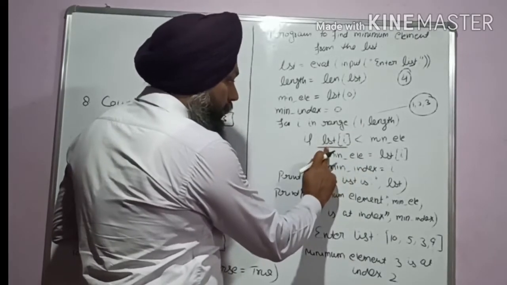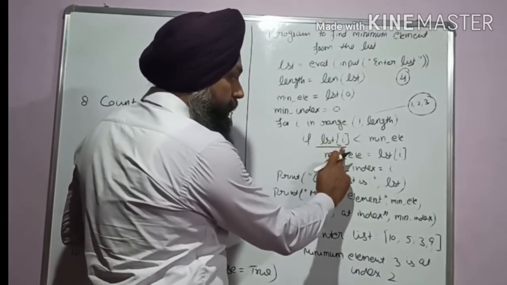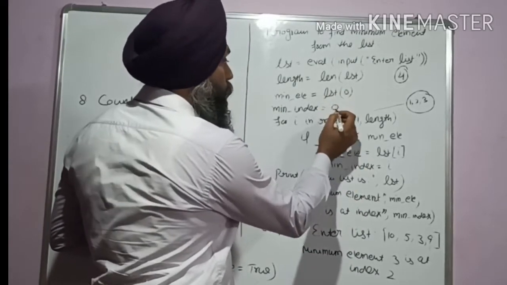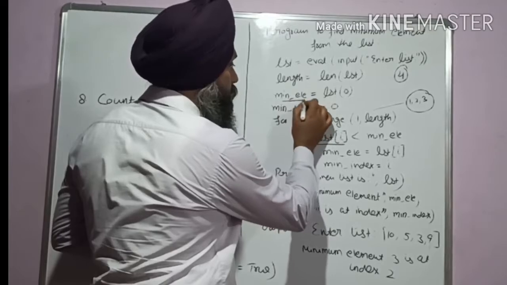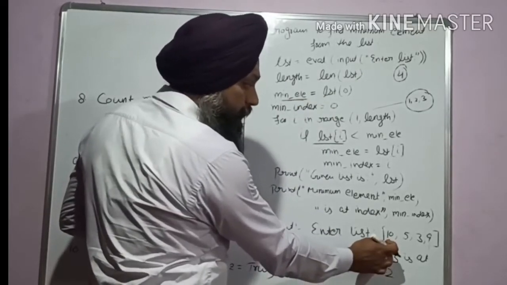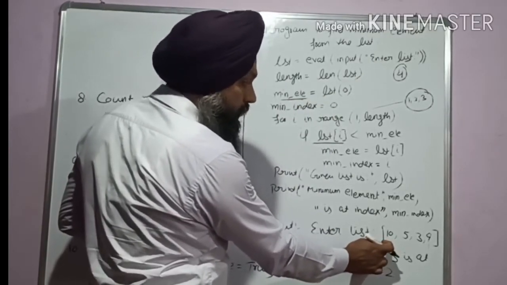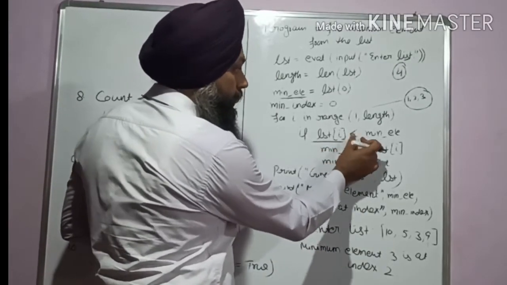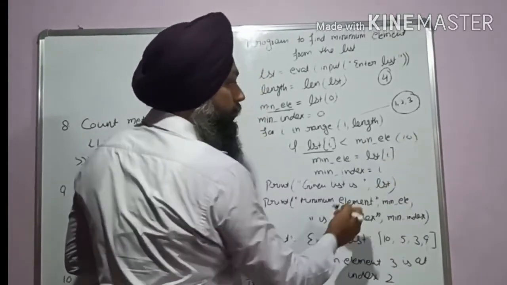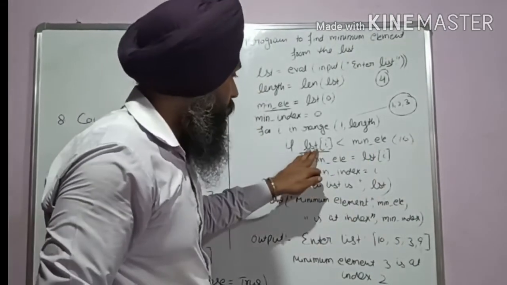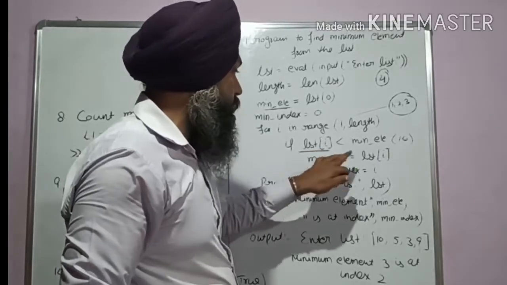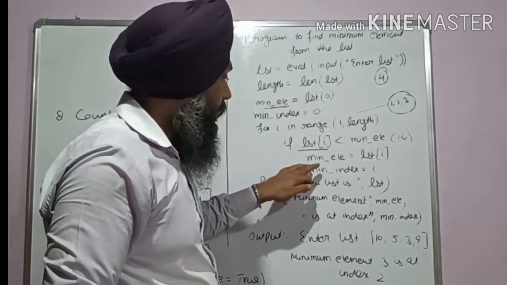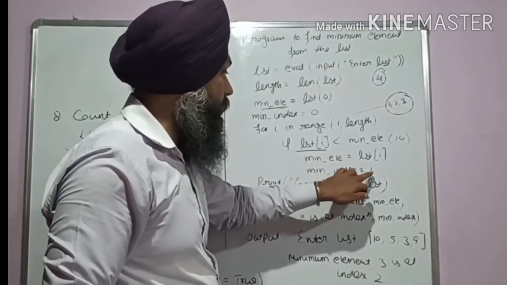Therefore, if the element of the list at index 1 is less than our assumed minimum element, the element at index 0 which is 10, then this element at index 1 will become our new minimum element and our new index will be i.